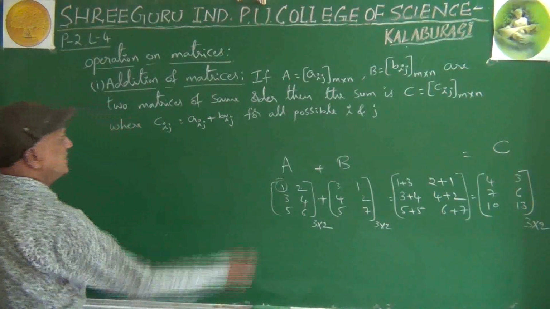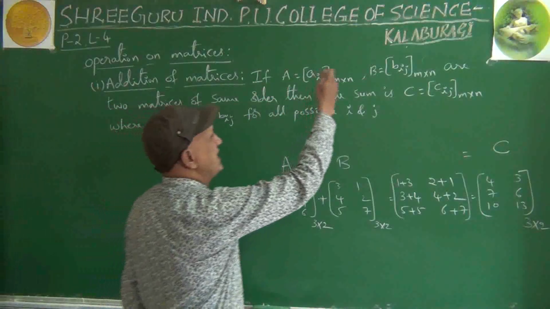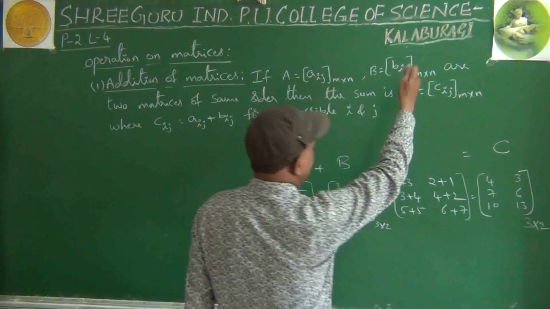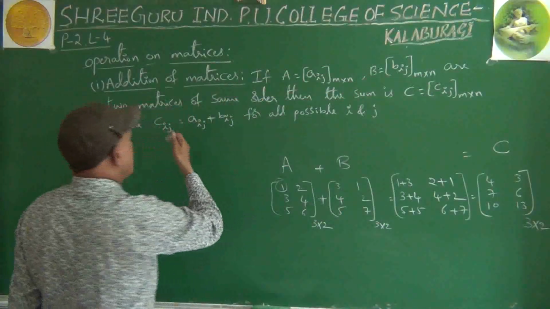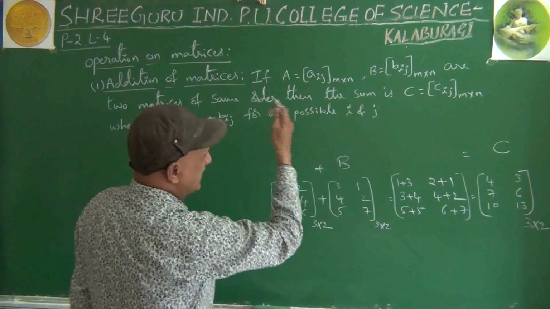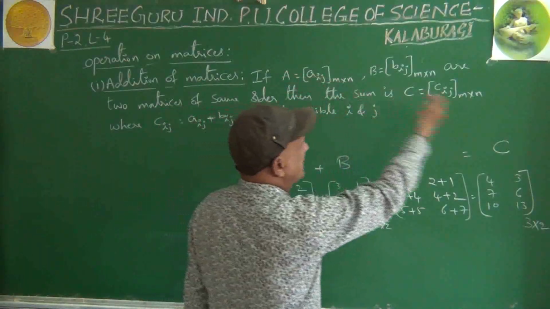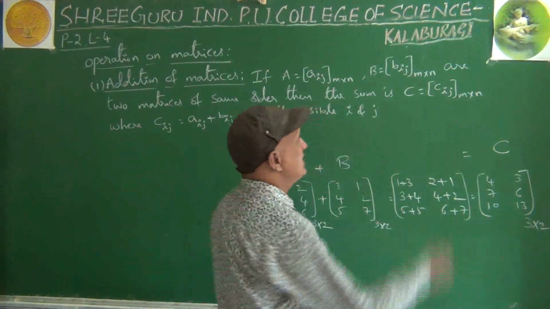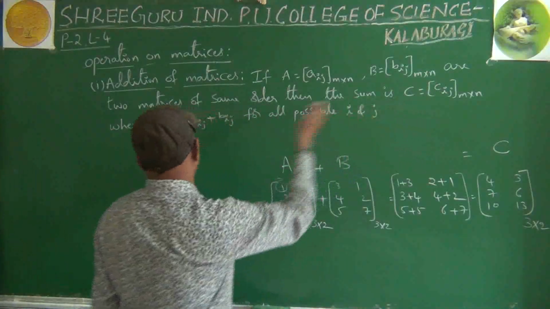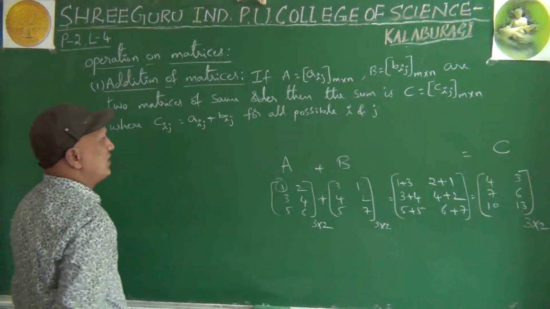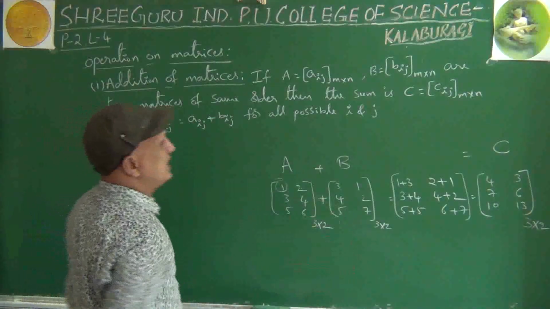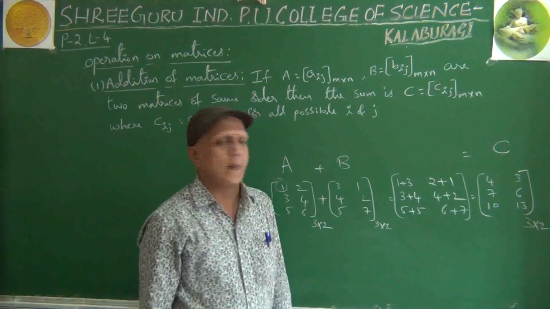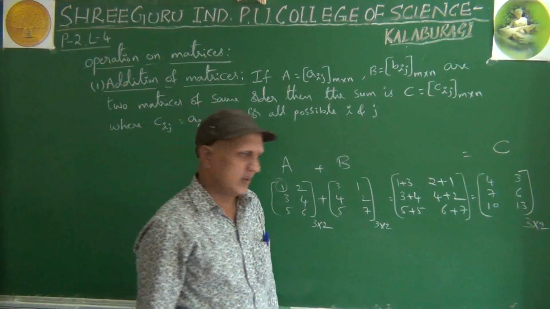Subtraction of matrices. If capital A equals Aij m by n, B equals Bij m by n, or two matrices of same order, then the difference of the matrices A and B is C equal to that one, where Cij equals Aij minus Bij for all possible i and j. Right?